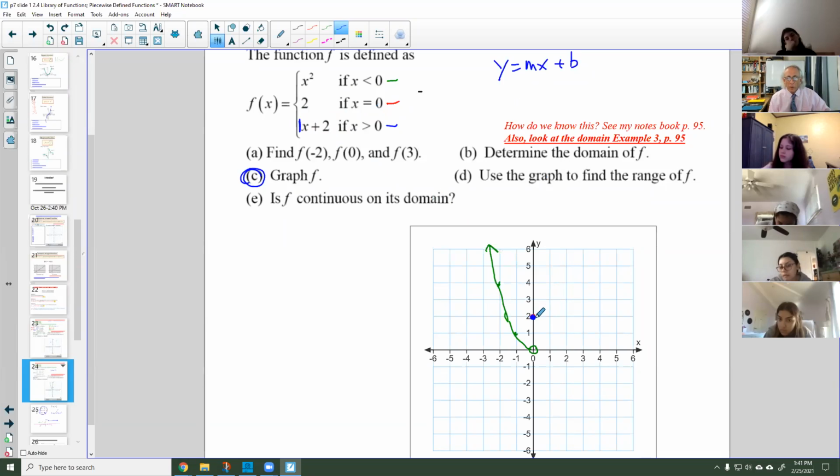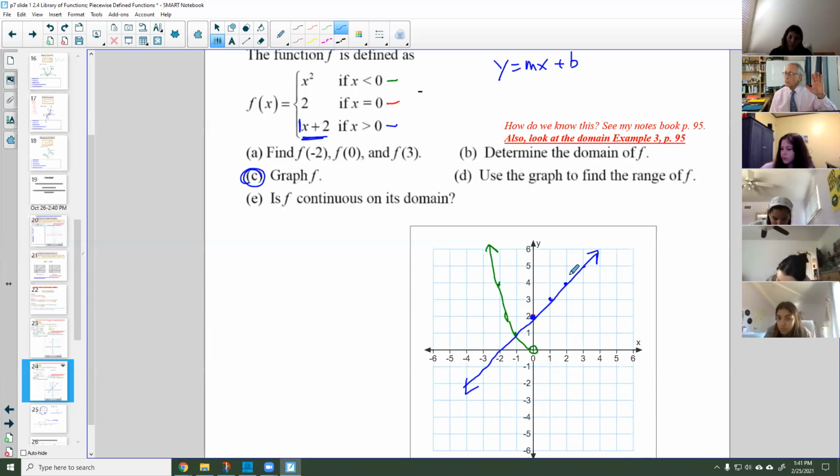So slope means up 1 over 1, up 1 over 1, up 1 over 1. And I can see I'm going to have a nice straight line here. And that's what the graph of x plus 2 looks like.